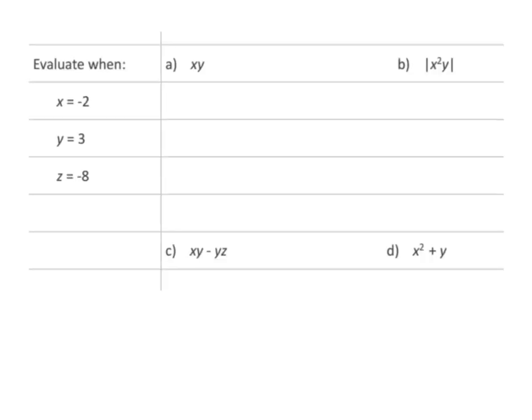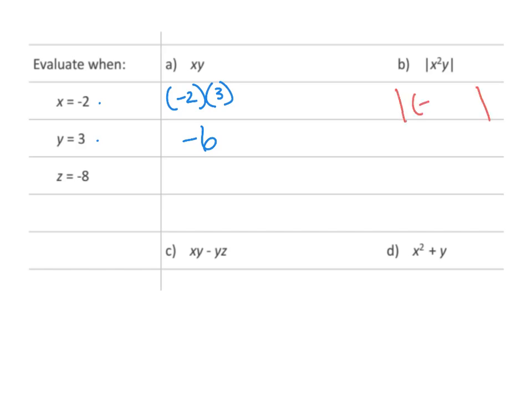We did this with addition and subtraction. We're going to do the same thing with multiplication. So we have to plug in our numbers. X is negative 2. Y is 3. Negative 2 times 3 gives us a negative 6. Absolute value, so we have to do everything inside first.